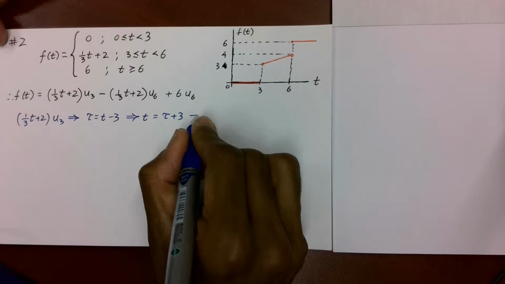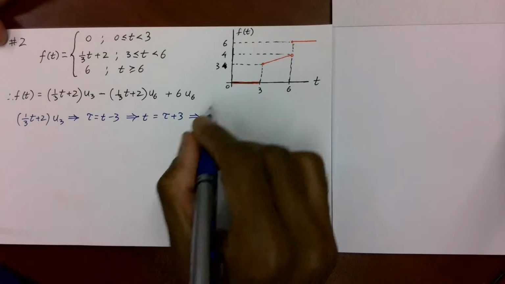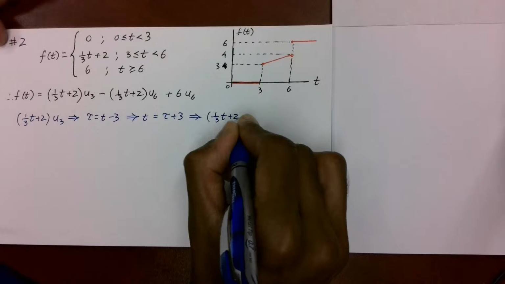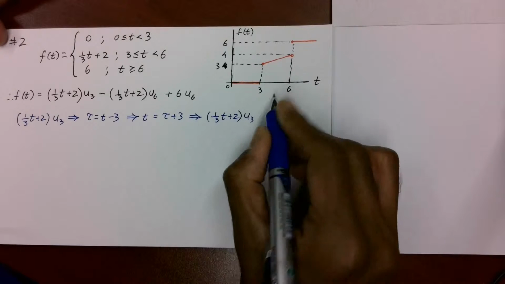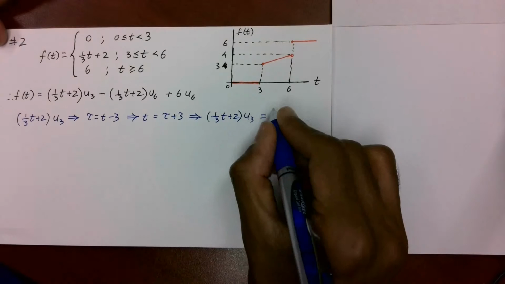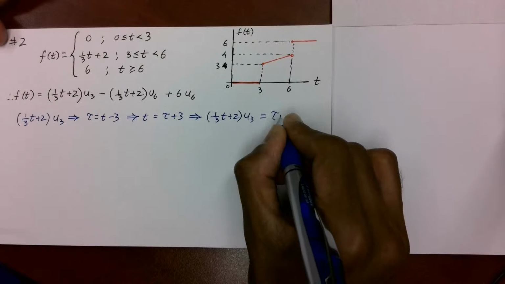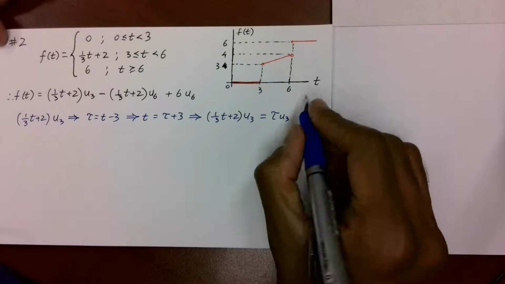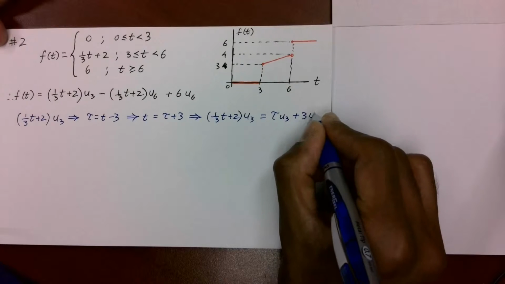And so when we make this substitution into our function, 1 over 3t plus 2 u3 will simplify to 1 over 3 tau u3 plus 3 u3.